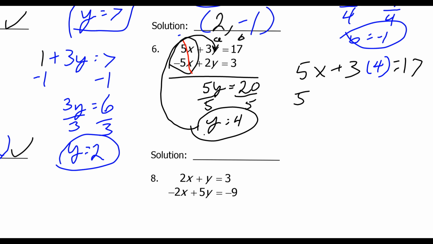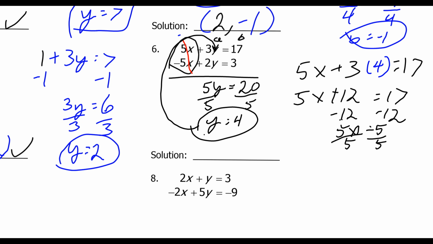We're going to go 5x plus 12 equals 17. We minus 12 from both sides here. We got 5x equals 5. Divide each side by 5, and we got x equals 1. Alright, so we got 1, and we got 4.